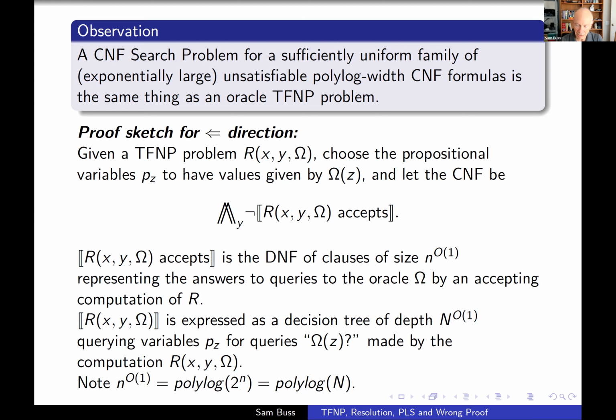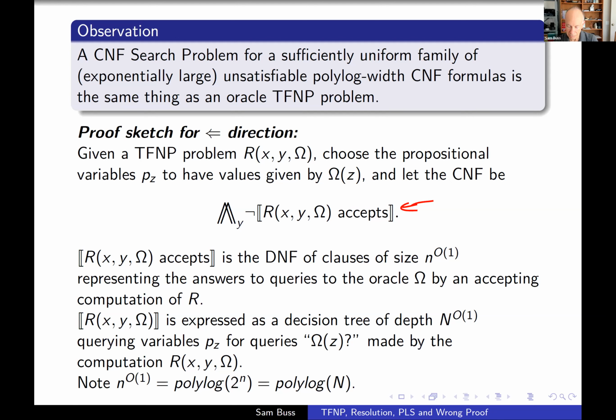I use this bracket notation here to say bracket R X Y omega is a propositional formula. It uses the variables P sub z, which are intended to be the answers to queries to the oracle omega of z.